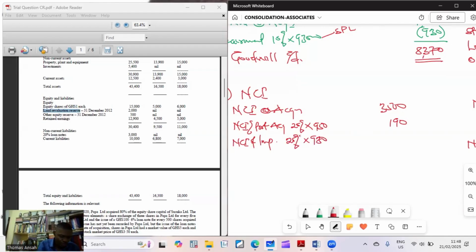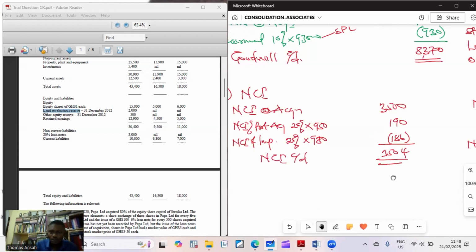So 0.2 by 930 is 186. So we have 3,500 plus 190 minus 186. That gives me 3,504. So this is my NCI carry down, and that is what I was waiting for.